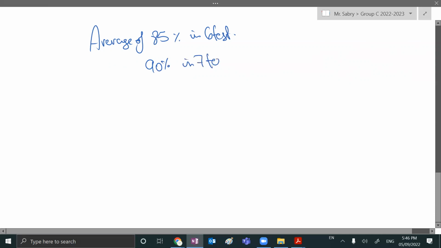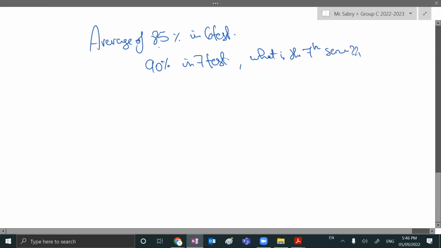Right now I have an average of 85% in 6 tests, and I want to get 90% in 7 tests. So what is the 7th score that I should get in order to get this 90%? Does that make sense?